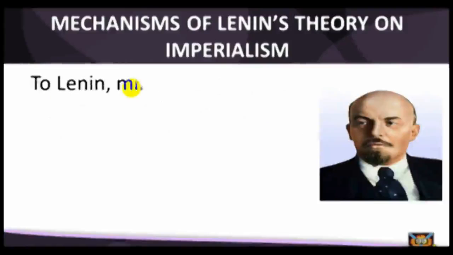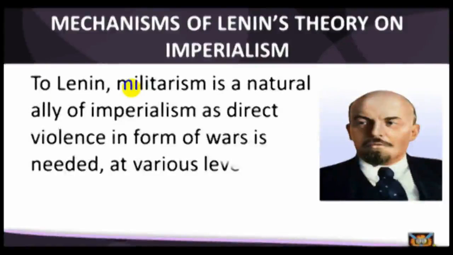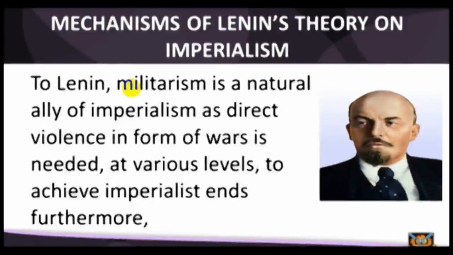To Lenin, militarism is a natural ally of imperialism, as direct violence in forms of wars is needed at various levels to achieve imperialist ends. First, military operations are necessary to subdue the indigenous peoples of the territory to be annexed, and subjugation has to be maintained by force of arms on a continuous basis.